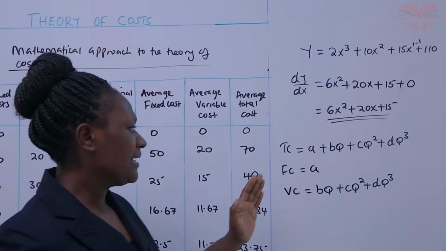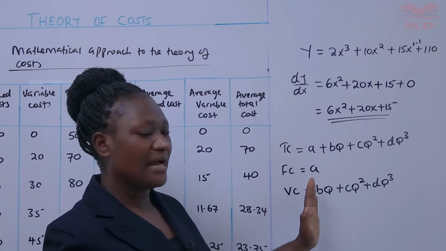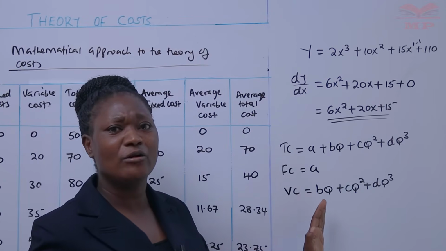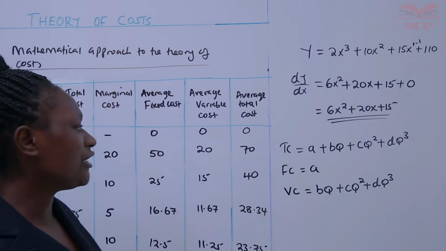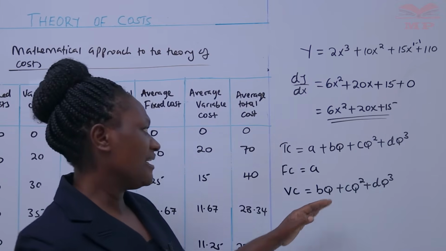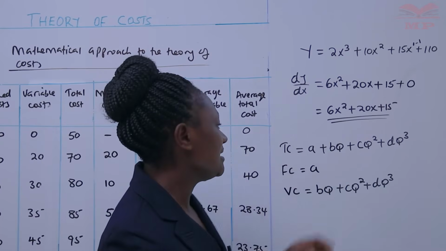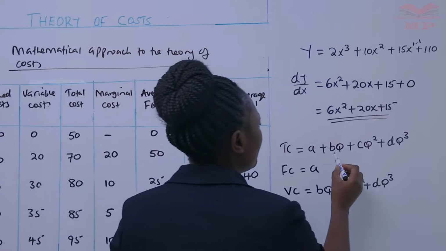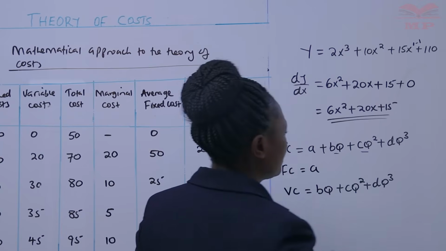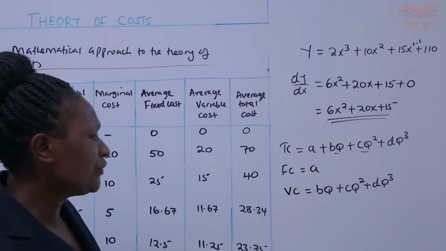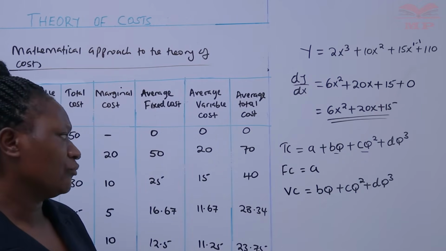So any constant that has an unknown means that when that unknown is changed, it will change. And therefore, our unknown here is q, and the variable cost function is simply bq plus cq squared plus dq cubed.